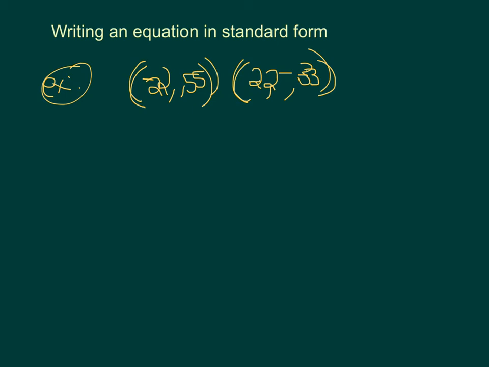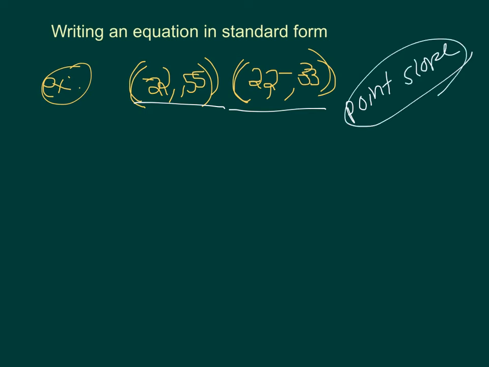Okay, so you notice that I did not give you the y-intercept, right? Neither of these points gives you the y-intercept. So I'm forced to use my point-slope form. Now the point-slope form, if you remember, is y minus y1 equals m times x minus x1. In order to use this formula, my first step is to figure out what slope is.